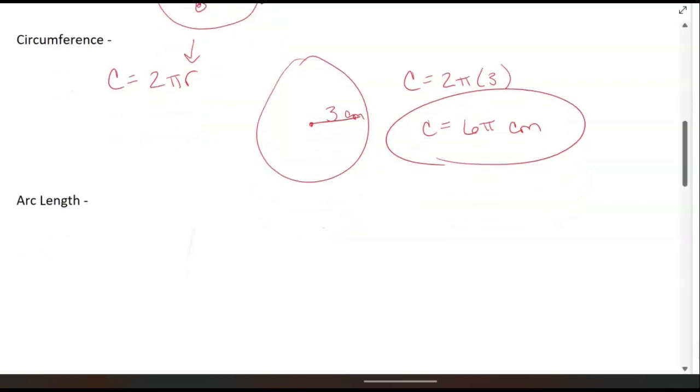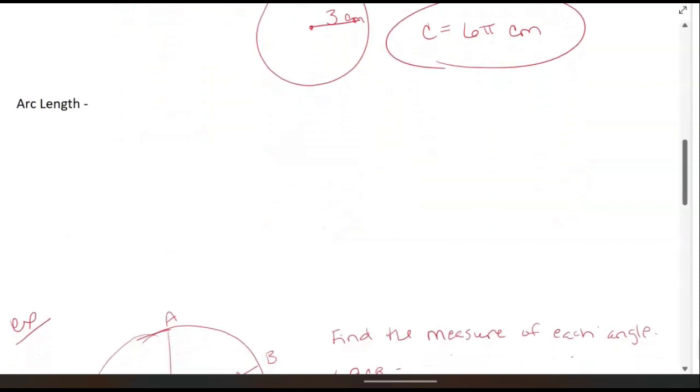Okay? And then one last one, arc length. Now notice the difference here in terms. Before we were talking about arc measure. So the measure of an arc, let's say this is arc AB, and this central angle is 90, then the measure of the arc is 90. That's different than the length.